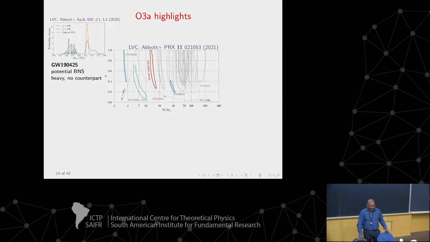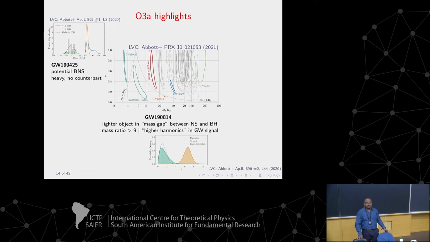Then there was GW190814, a highly asymmetric system for which the lighter object was in the putative mass gap between neutron stars and black holes. This even further had a mass ratio of greater than 9. So the heavier object was 9 times heavier than the lighter object.